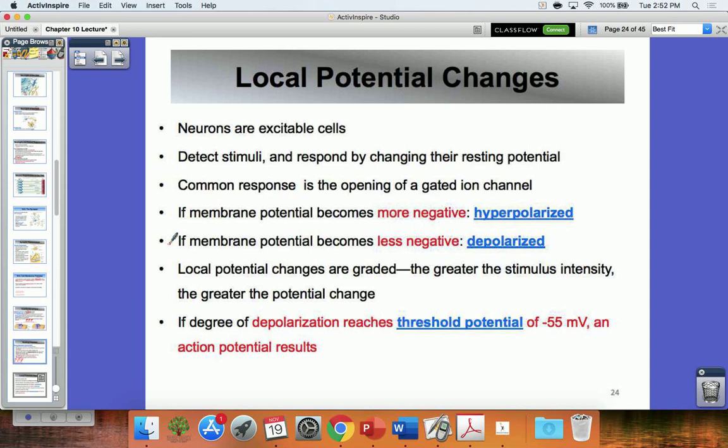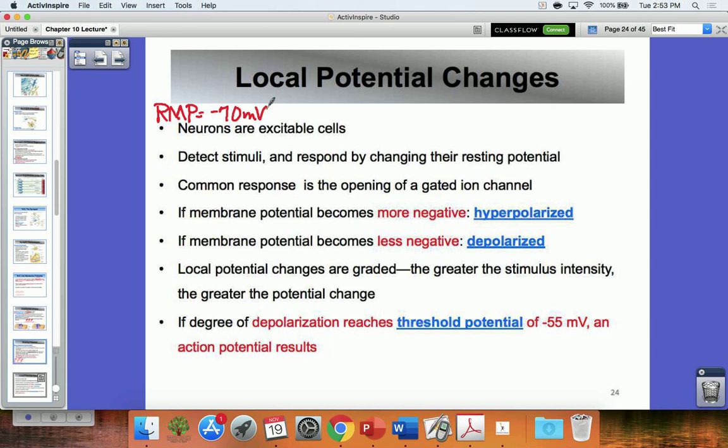And depending on the ions that go in and out, that's going to make the cell membrane potential either more negative or less negative. And remember, the resting membrane potential, I'm going to write this off to the side just as a reminder, the resting membrane potential is equal to a negative 70 millivolts.